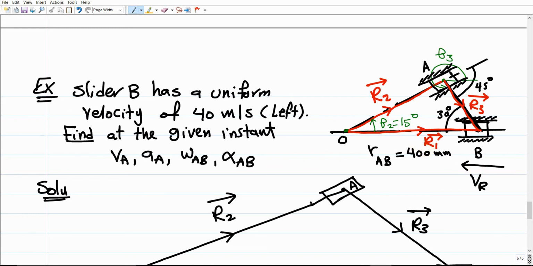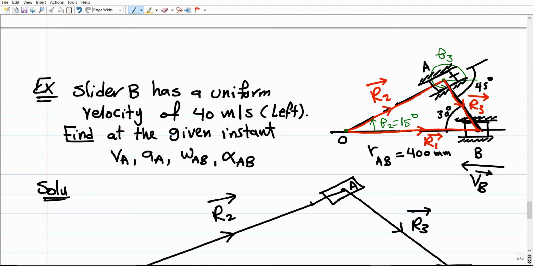This VB is already given; this is the direction of the sliding velocity as it was given. But we considered R1 in a direction opposite to VB, so that's why I'm including this negative sign.